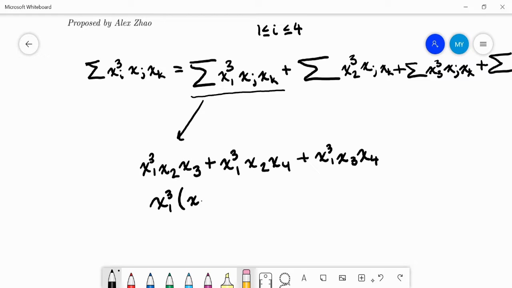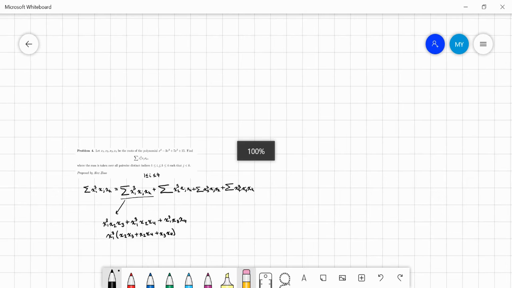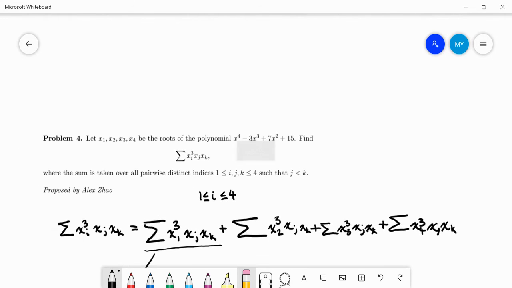So this is what the first sum here becomes: x1 cubed times (x2 x3 plus x2 x4 plus x3 x4). And by this point, we should really be thinking about Vieta's formulas, because we know what polynomial x1, x2, x3, and x4 are the roots of.